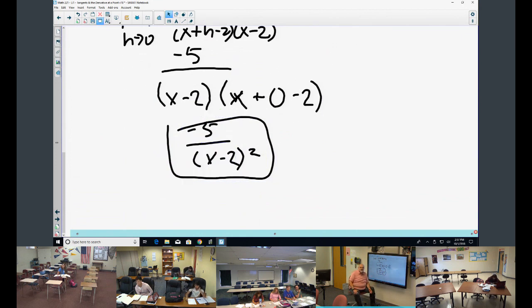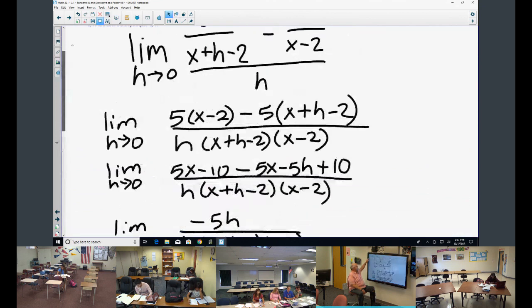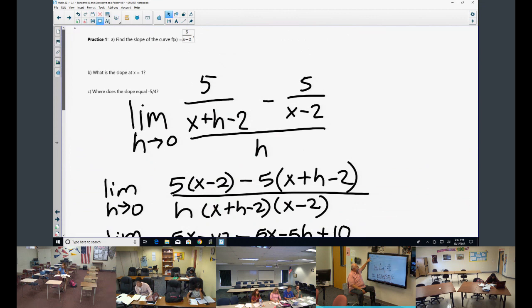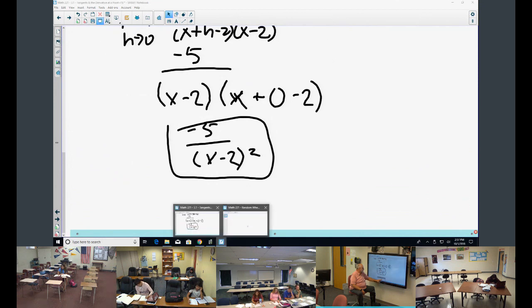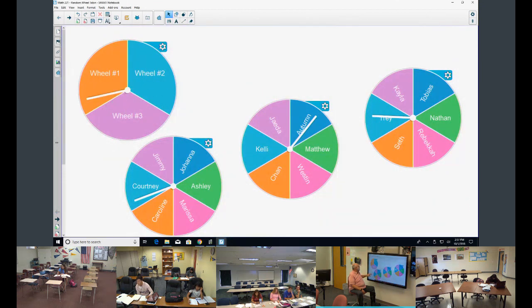All right, so any questions on the first part? Okay, so then the next part was, what is the slope at x equals 1? Let's call on Weston.